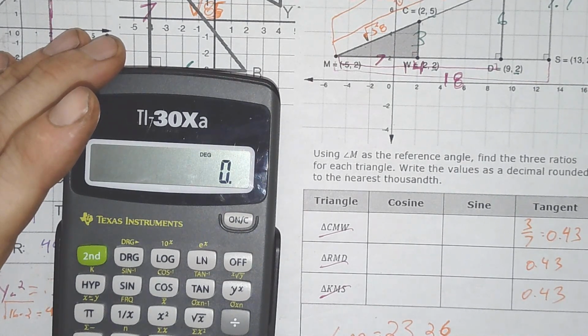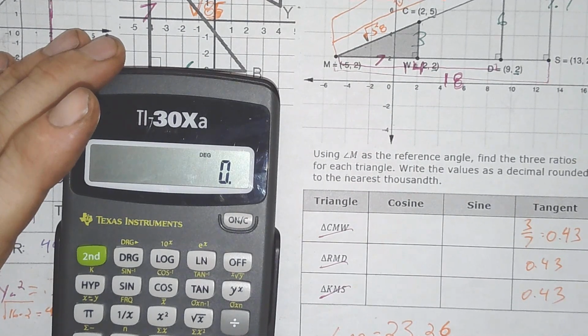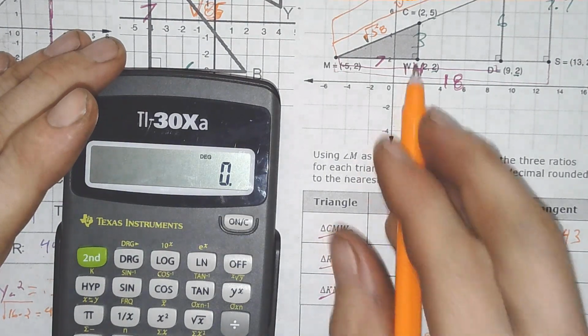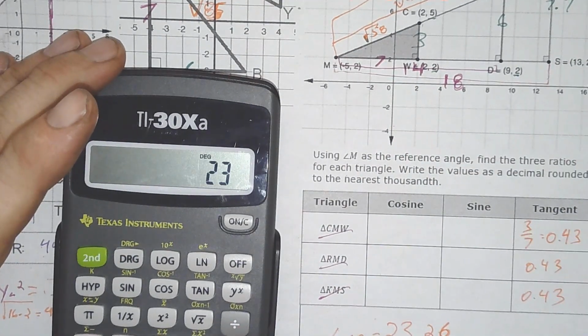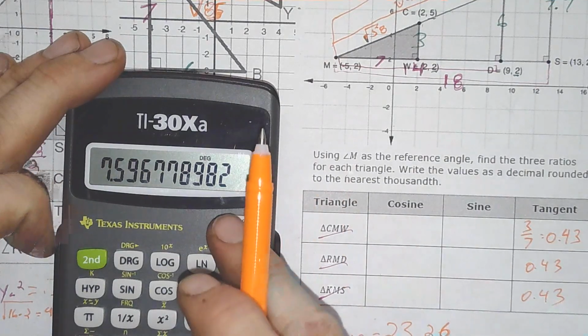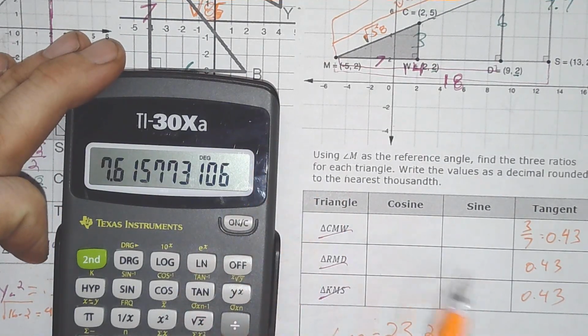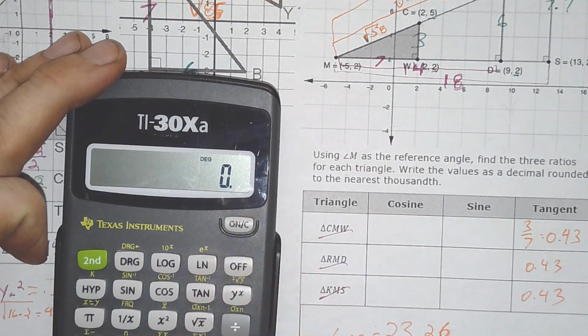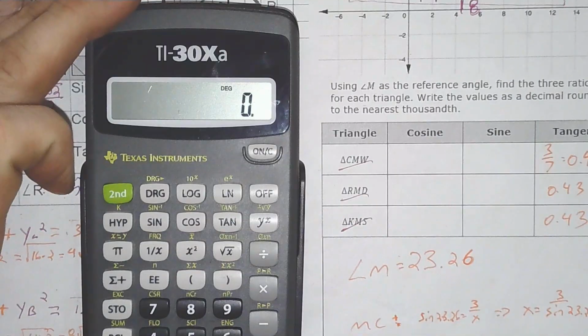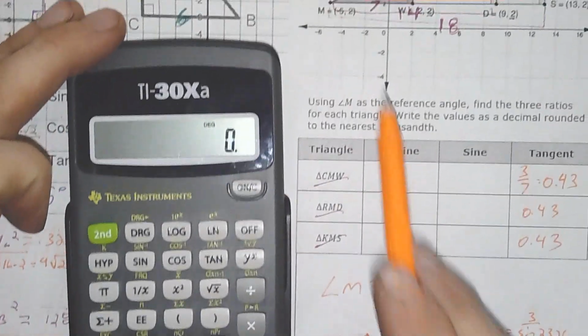So x is going to be equal to 3 divided by the sine of 23.26. Okay, so in each one of these instances, 3 divided by sine of 23.26 equals 7.7, which is pretty close to the square root of 58. So anyway, that's another way you could figure out the lengths of all of these. But they're all pretty close.